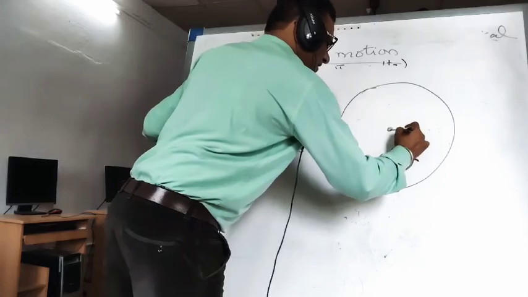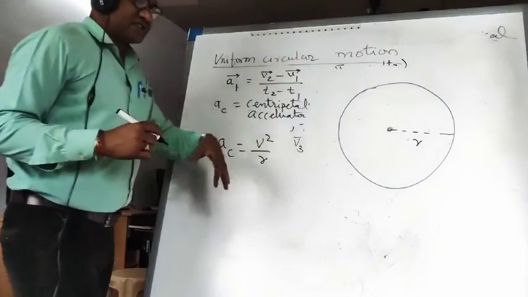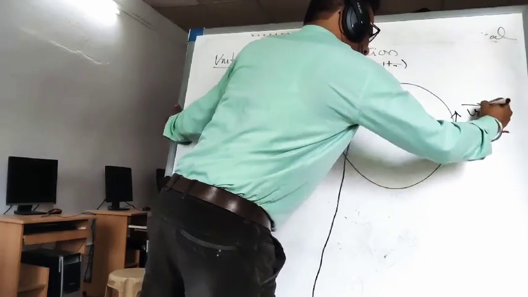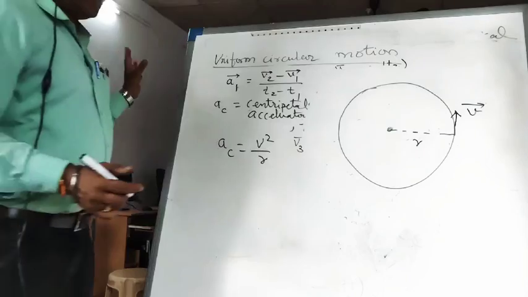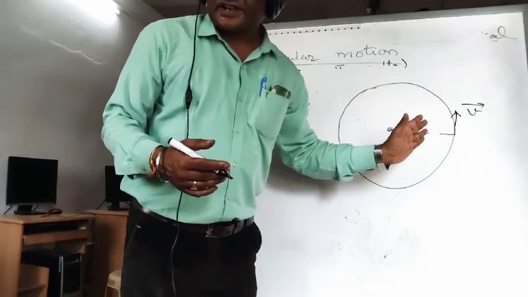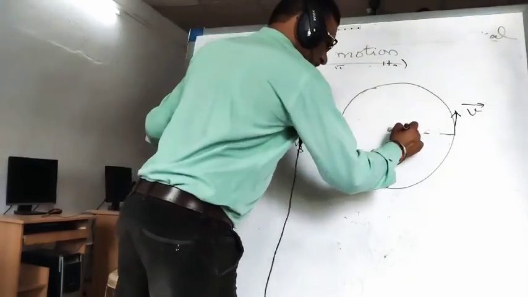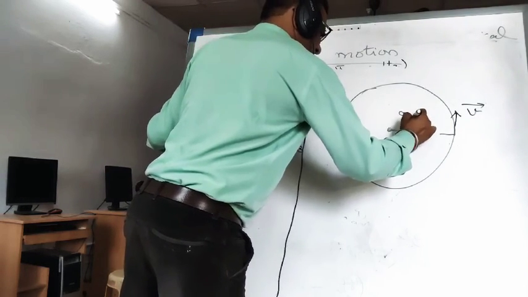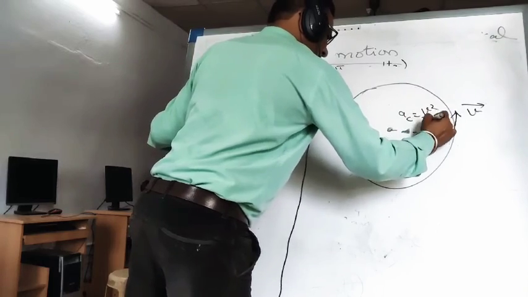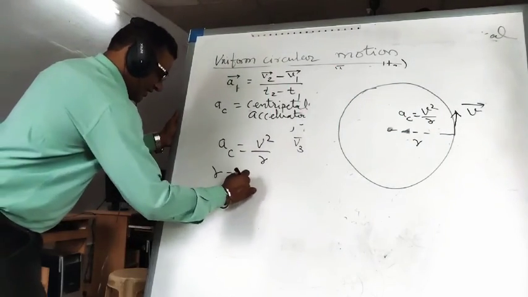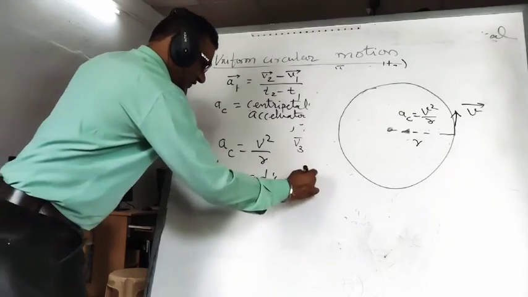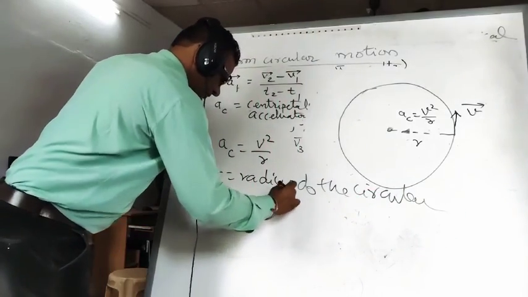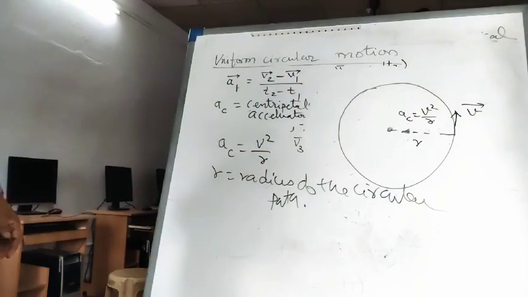Let r be the radius of this circular path. Here v is the velocity of the object at a particular instant of time. So what will be the direction of acceleration? This indicates the acceleration, and the value of this acceleration is given by AC equals v square by r, where r is the radius of the circular path. Is it clear? Okay, thank you.